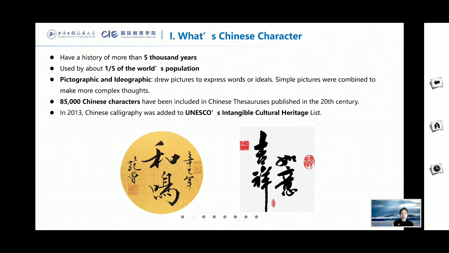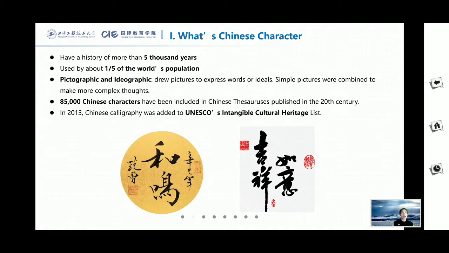There are no exact statistics on the total number of Chinese characters, and only some approximate figures can be found in dictionaries. About 85,000 Chinese characters have been included in Chinese treasures published in the 20th century.